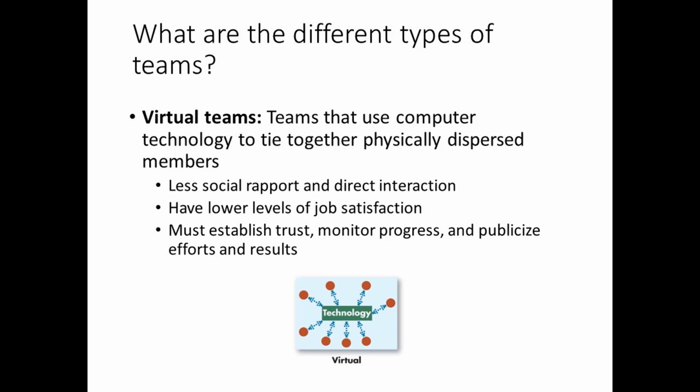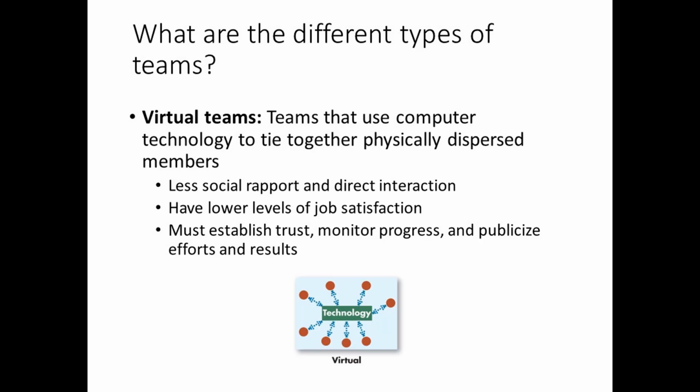Virtual teams rely on computer technology to work together. The members are usually physically dispersed. Because of the virtual nature of these teams, members tend to be task-oriented. They are focused on the job and getting things done.